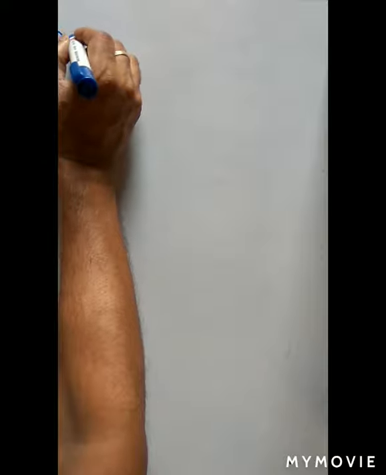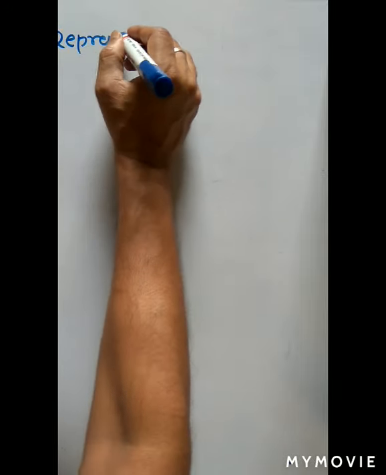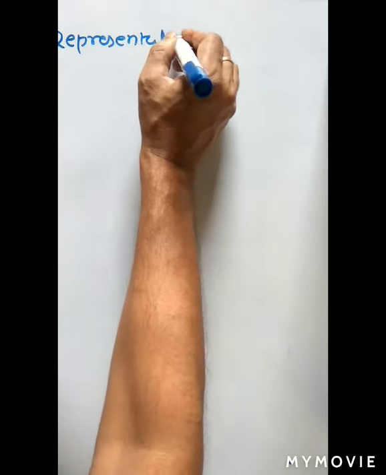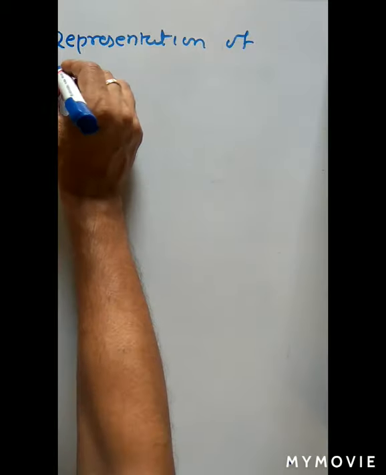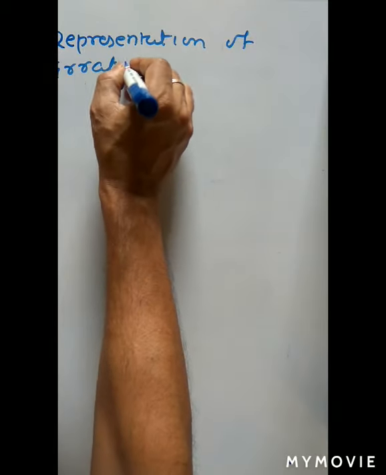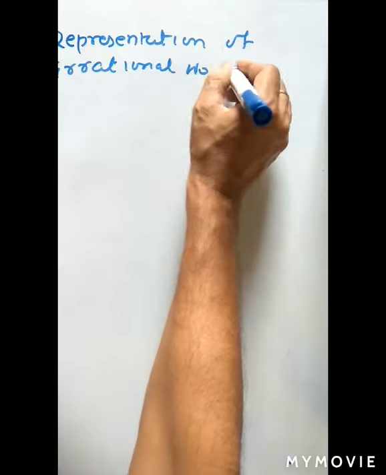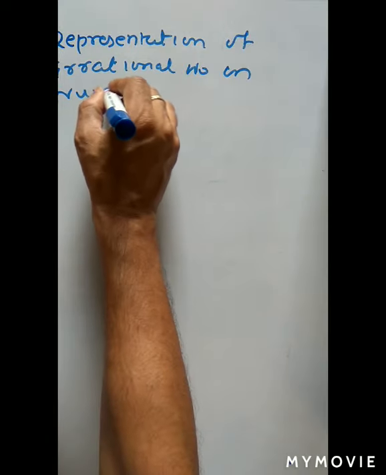Now we will start how we will find the irrational number, how we will represent the irrational number on the number line. That is representation of irrational number on number line.